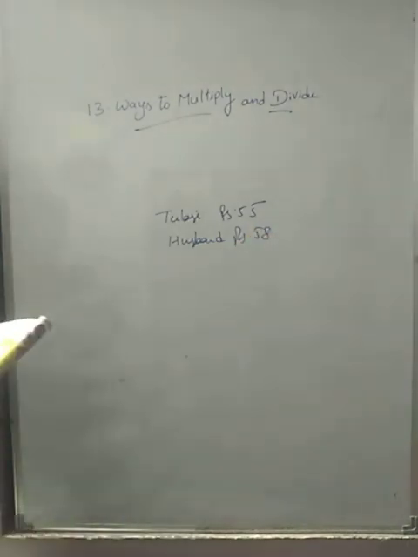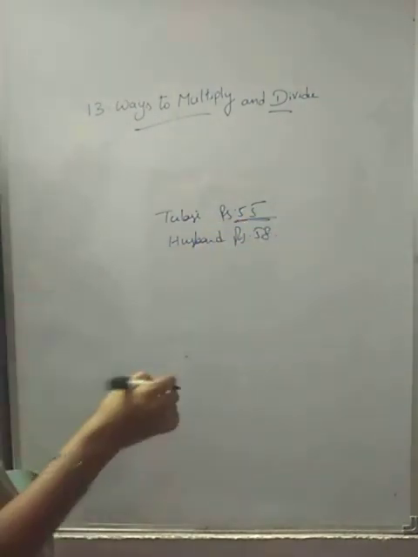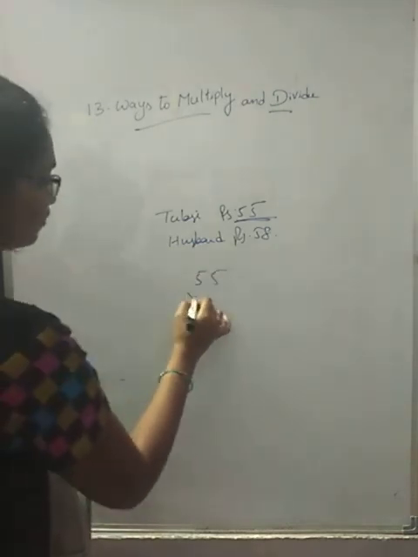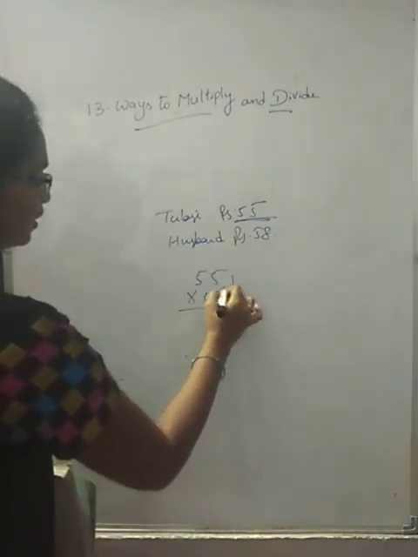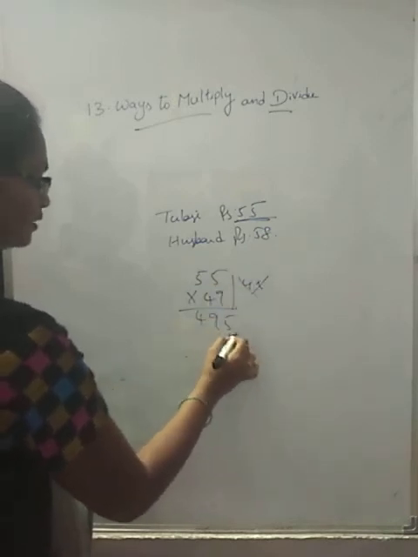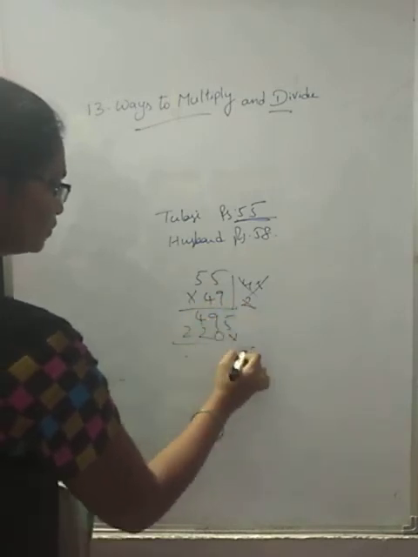If Tulasi works for 49 days, how much money does she get? 1 day's money is 55 rupees. She is working 49 days. That's why 55 into 49. 9 5s are 45, 45 plus 4, 49. 4 5s are 20, 20 plus 2, 22.